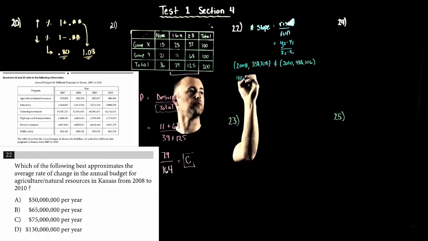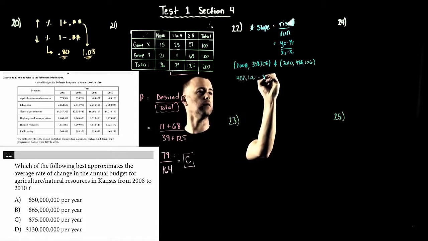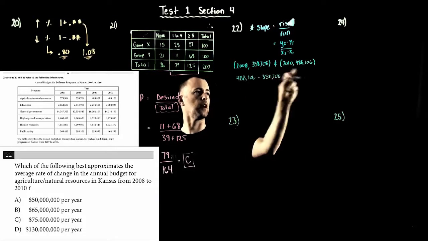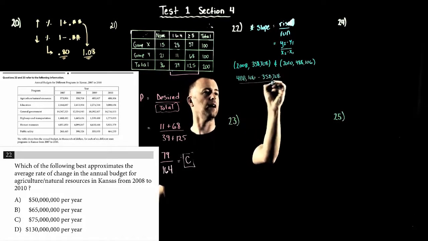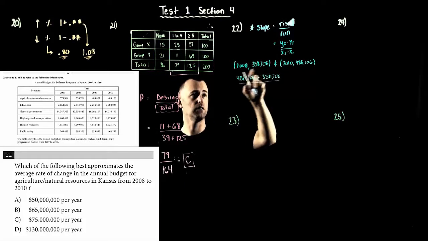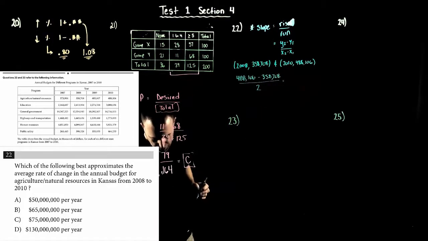So y2 minus y1. And again, notice I'm just subtracting my 2 y values, divided by x2 minus x1. We can do this in our head. 2010 minus 2008 is 2 years. So we're going to see which one that mostly gives us.